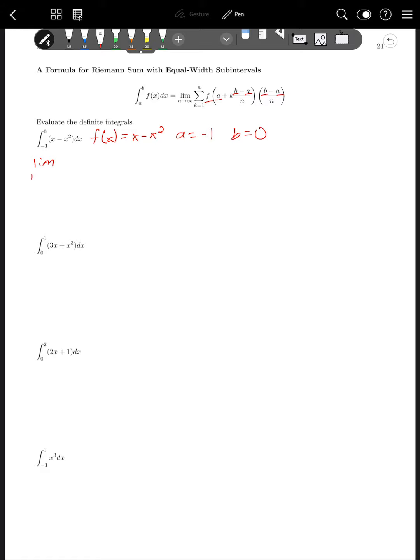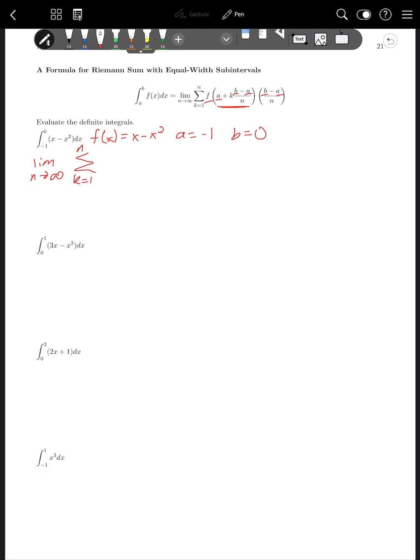So we can plug those in. This would be the limit as n approaches infinity of the sum from k equals 1 to n of f of a plus k times b minus a over n, times b minus a over n. So we plug a plus k times b minus a over n into the function.